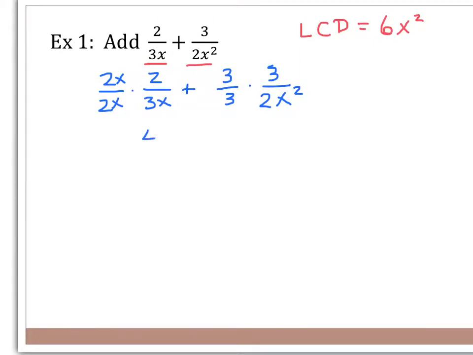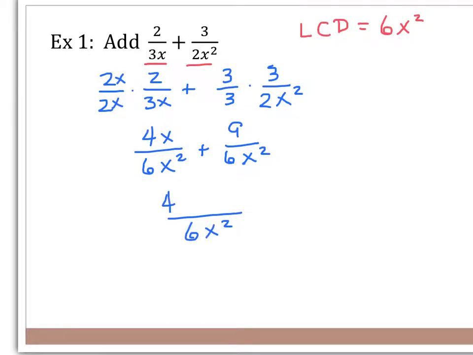So we'll have 4x over 6x squared plus 9 over 6x squared. And now we can add these together because they have the same denominator, and you don't change the denominator. And then you'll have 4x plus 9. And that's as simple as that one's going to get.